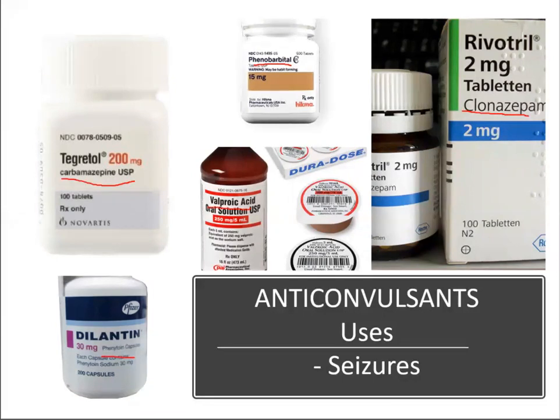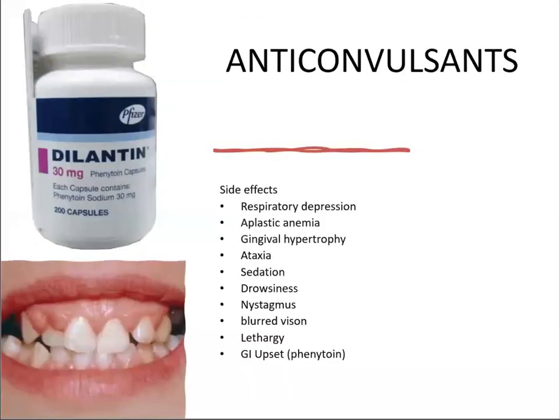So again, they are used for seizures, to decrease the incidence and severity of seizures. Most times, the client may require more than one anticonvulsant to control their disorder, and treatment is typically lifelong. Anticonvulsants could also be used in treating neuropathic pain, so you want to take note of that.